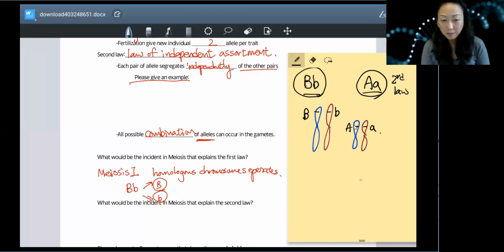Now, what happens is there are 2 possible things that can contribute to independent assortment. One is when you line up these during metaphase, your big B lines up with your big A, and your small a lines up with your small b.